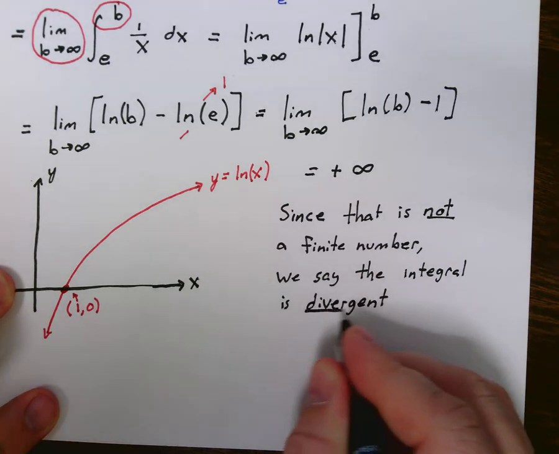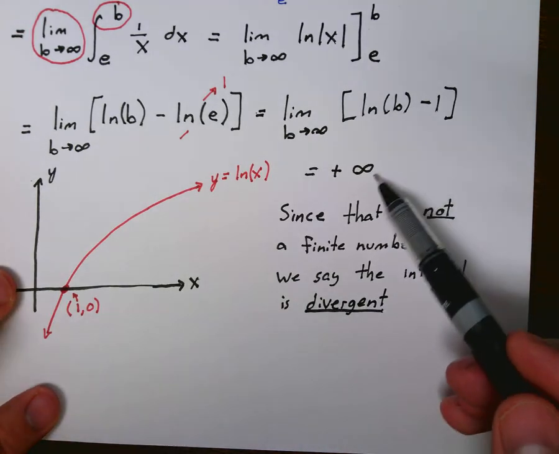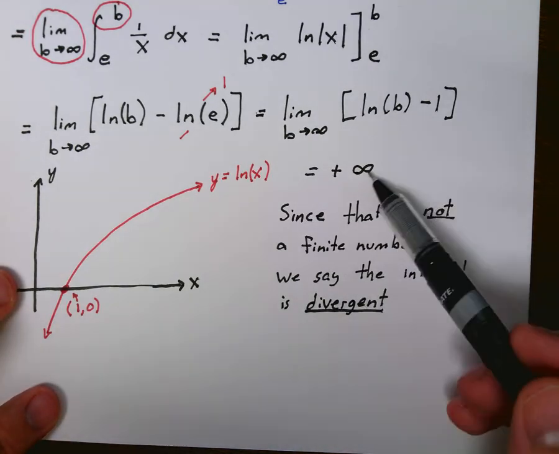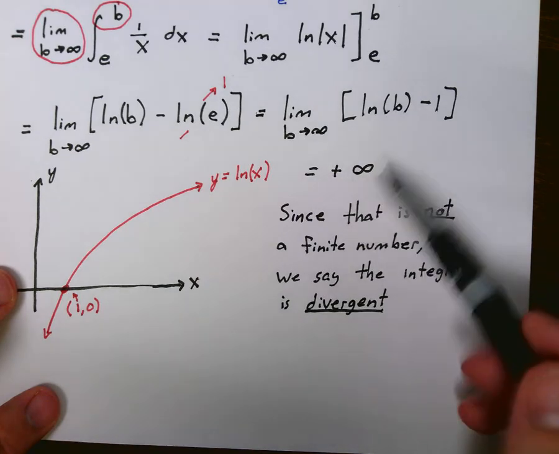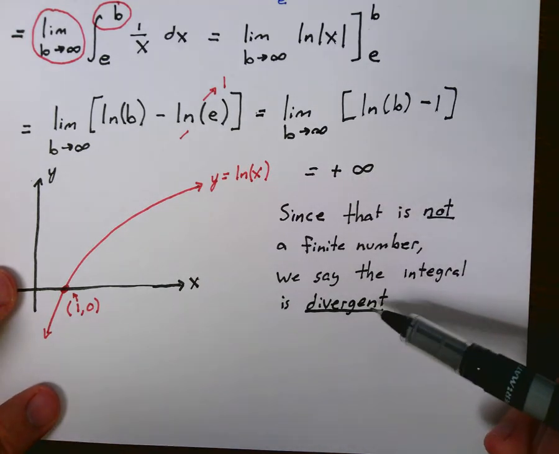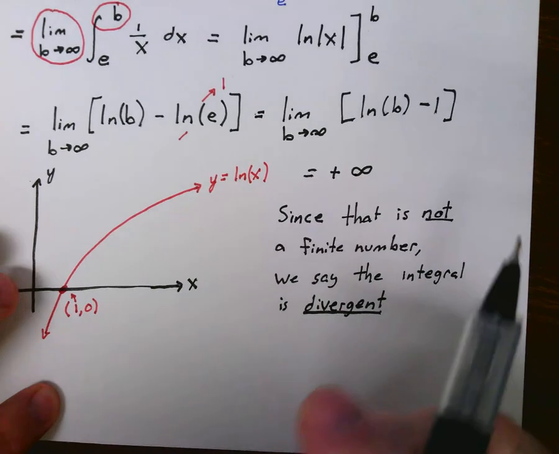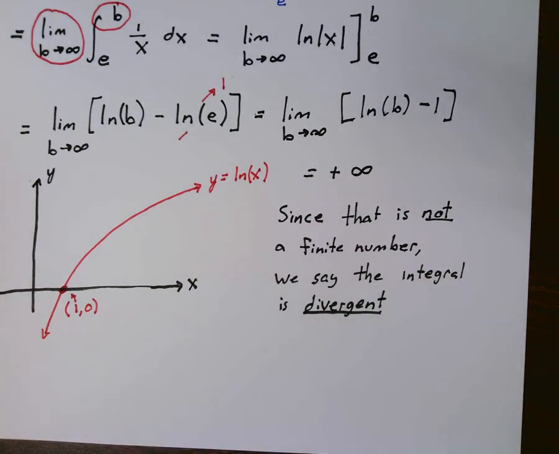So if you ever get an answer like infinity, it's divergent. If you get something that doesn't even have a limit, it's divergent. So the only time it's actually convergent is if it actually equals a number.